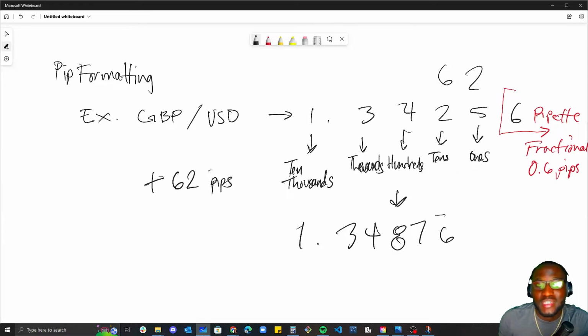Some people actually drop this off and just read 0.3487, but I like to be precise to the fractional pips, so I write it like that. So this is just the formatting of pips, letting you know how you read an exchange rate when you're doing your setups and your trading plans.